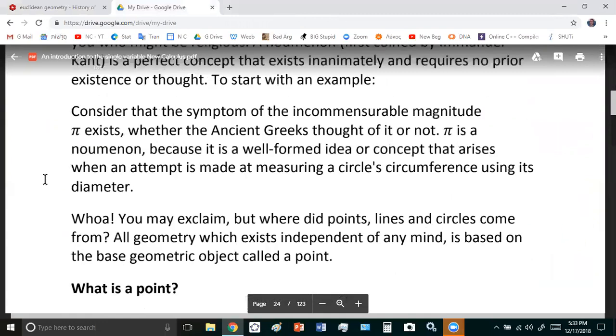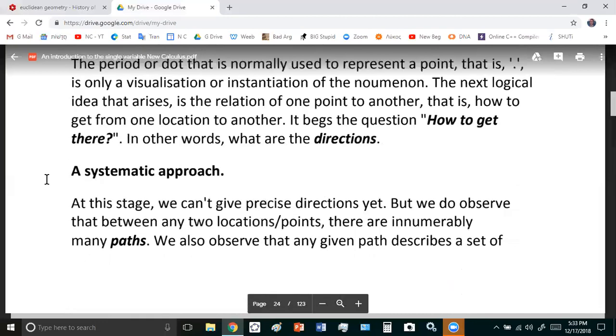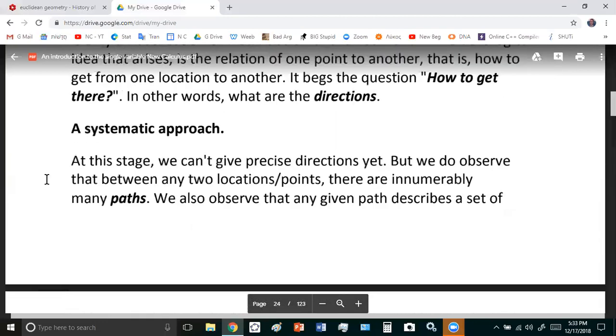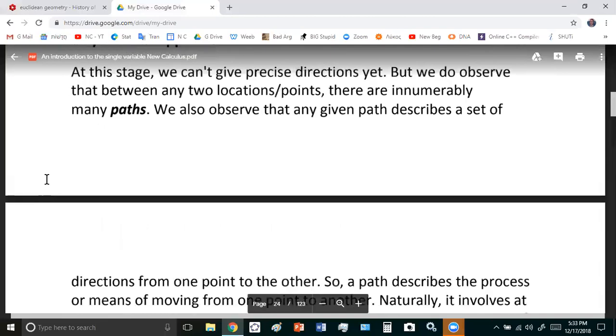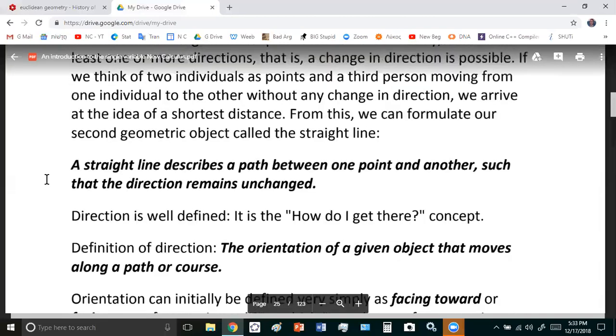So we begin with what is a point. And after we define what is a point, we go on to the notions of paths or distances. And we eventually stumble on the notion of direction, okay?